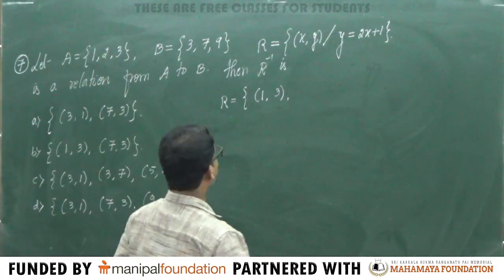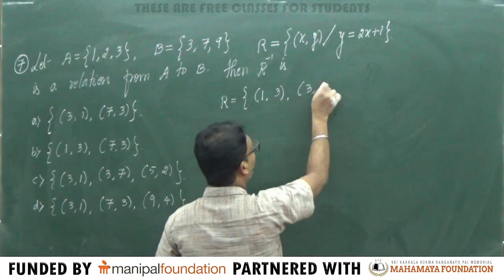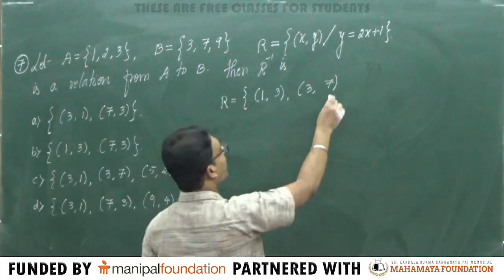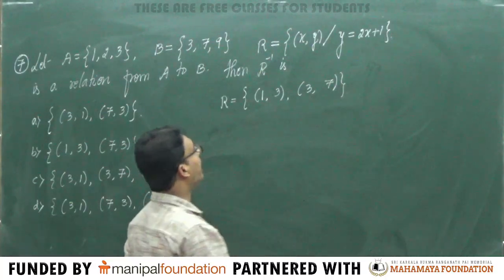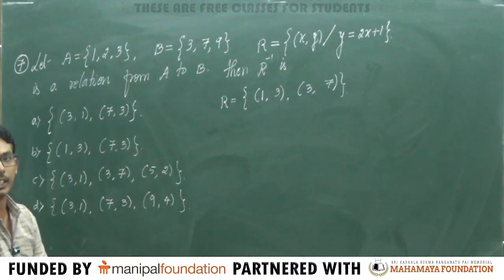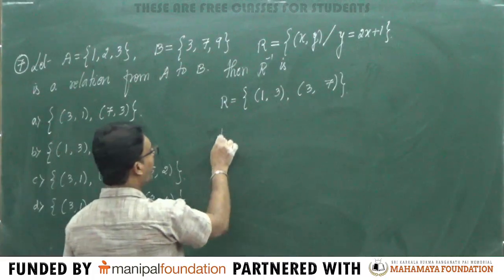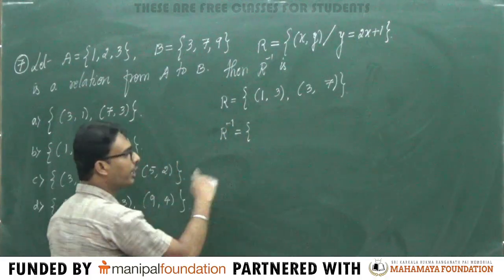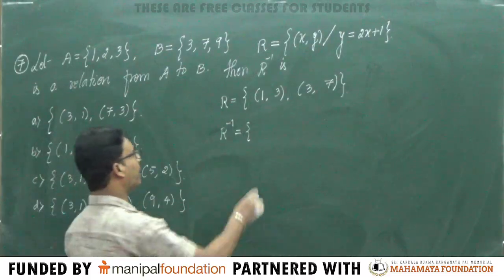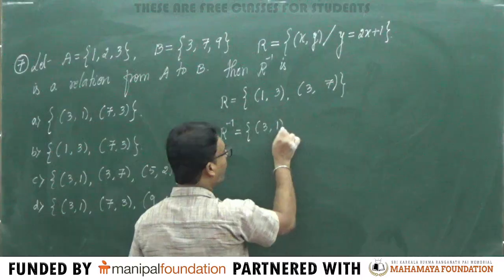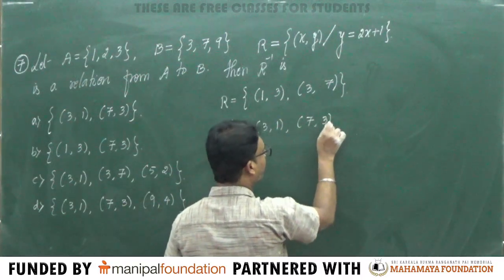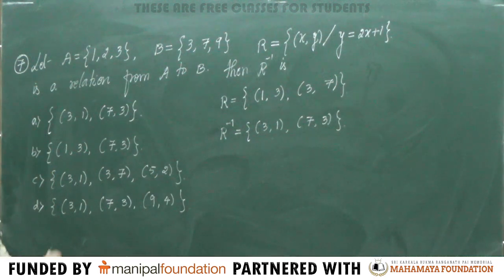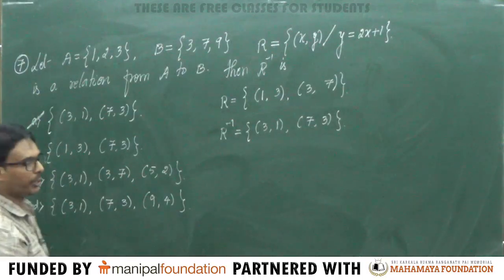When the value of x is equal to 3, we get the y value as 7, and 7 is present in the set B. So (1, 3) and (3, 7), only these two elements come under the relation R. Then the elements under the relation R inverse are obtained by interchanging the first element and the second element. We get (3, 1) and (7, 3). Therefore, the correct answer is (3, 1) and (7, 3). The correct answer is option A.